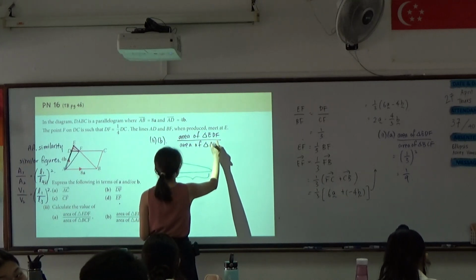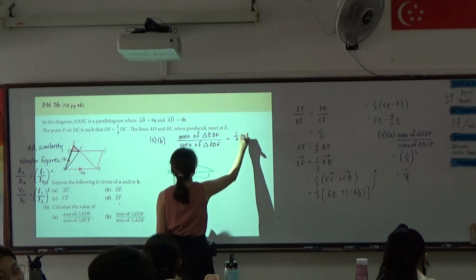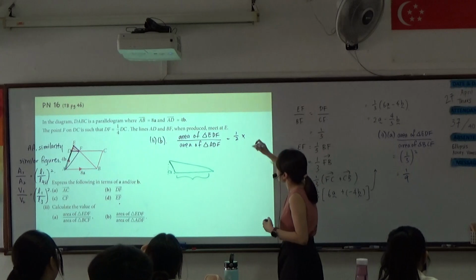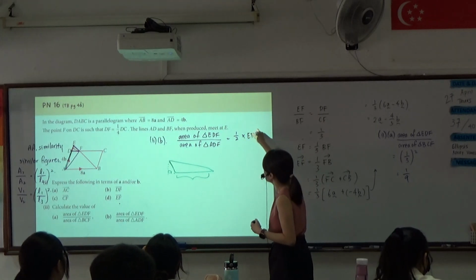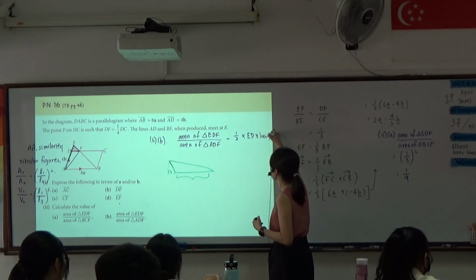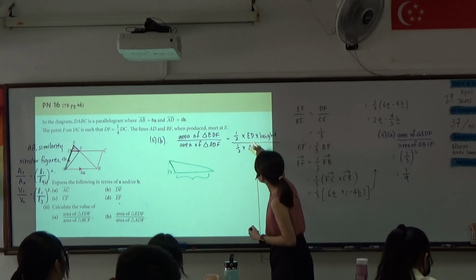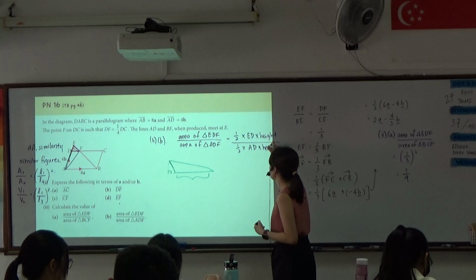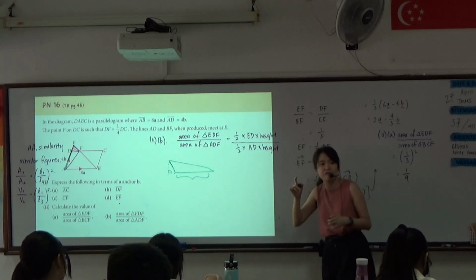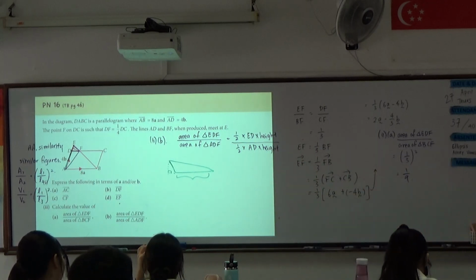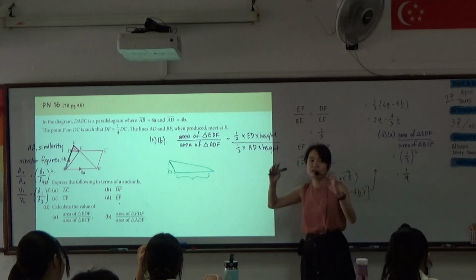By applying the formula of half times base times height, for triangle EDF, it will be half times ED times height, over half times AD times height. And the heights in this case are both the same. You cannot have it such that the heights are totally different.